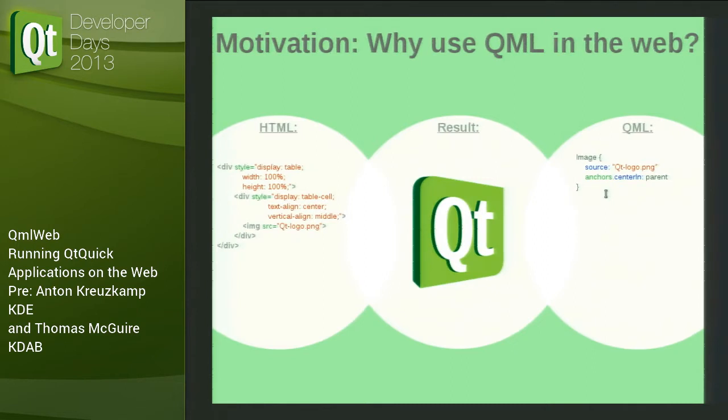In HTML, it's one line. Oh, no, it isn't. So in HTML, we need to separate between horizontal centering and vertical centering. Horizontal centering is doable in one line. We have to tell the parent to center its children.